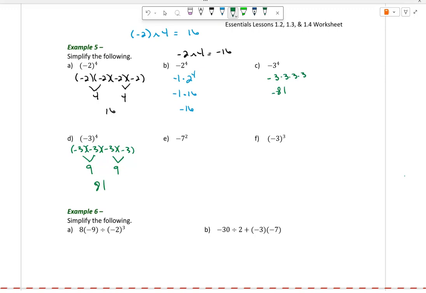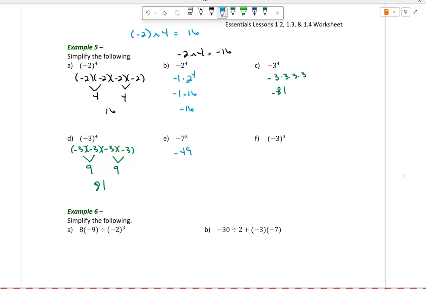How about E, positive or negative? Negatory, the exponent is not included, so we would get a negative 49. Now I'm going to throw a wrench on you here. Letter F, positive or negative? Who thinks positive? Who thinks negative?